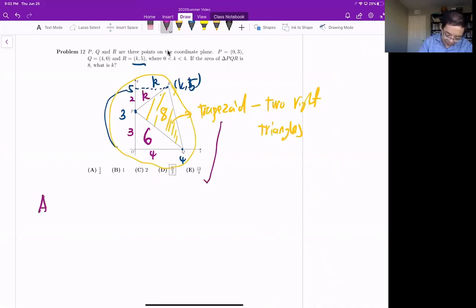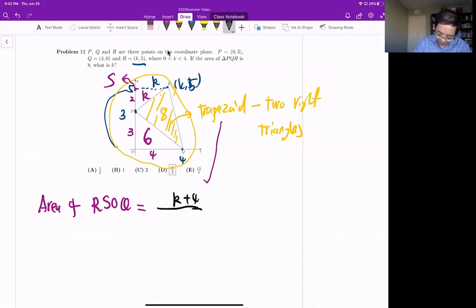Let me put it here. Let me put an R, and then this is S. So the area of the trapezoid RSOQ equals the top plus the bottom, and then multiplied by the height. The height is 5, and divide by 2, right?